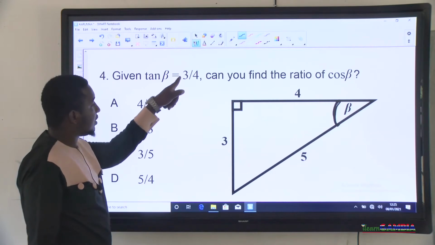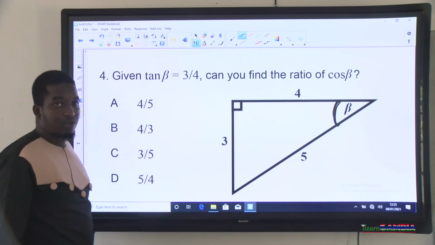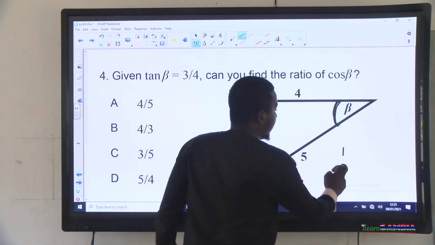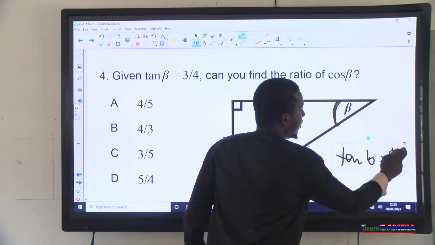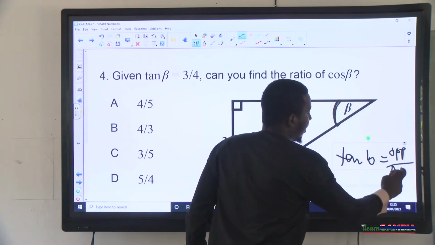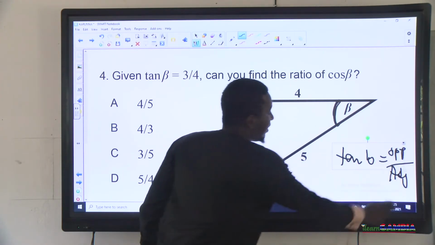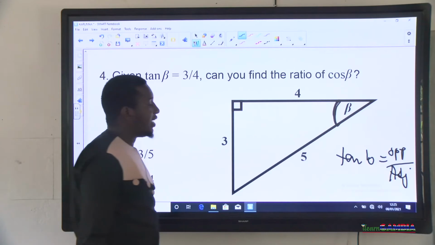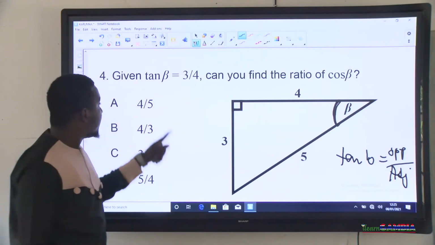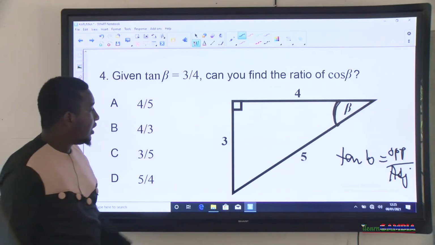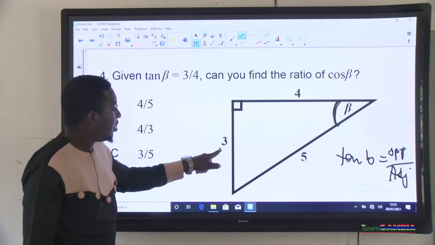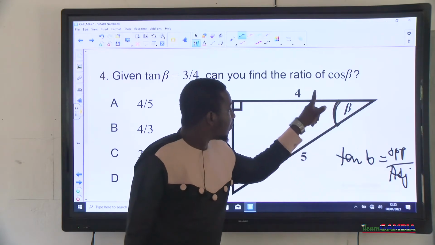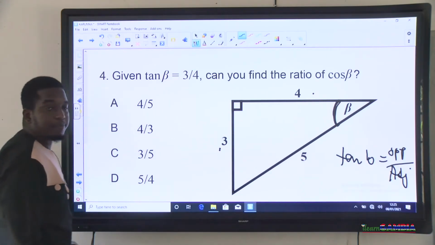It means the opposite is equal to 3 and the adjacent is equal to 4, because tan of beta is equal to the opposite divided by the adjacent, as we have it on the diagram.